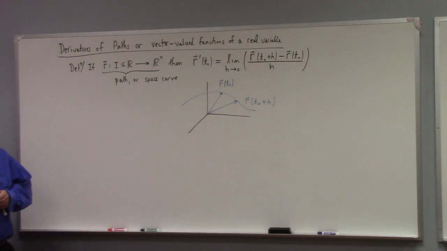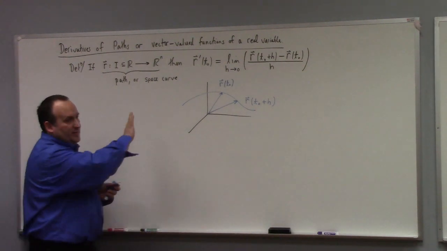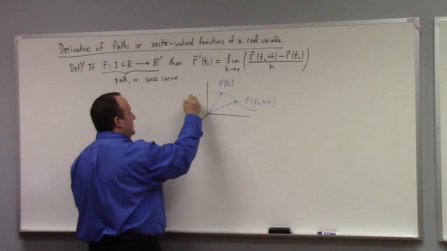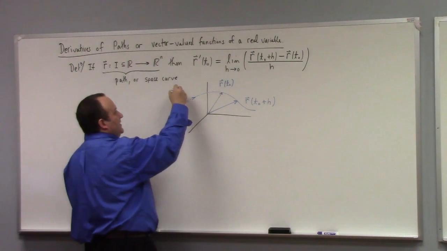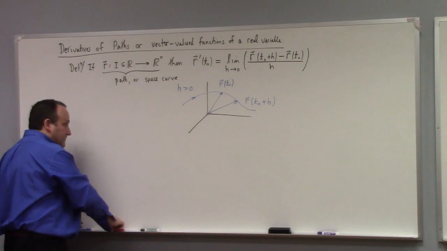And what is this thing in the numerator of the thing I'm limiting? What is that? I'm going to draw my picture as if h is positive, okay? I'm assuming that the curve goes this way, and I'm assuming h is positive for my picture just for the sake of specificity.